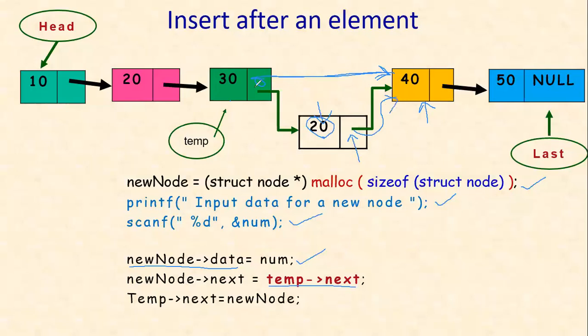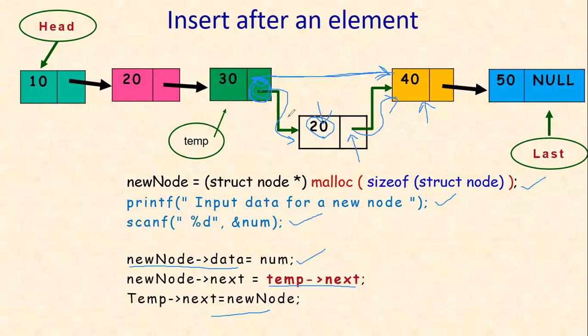right? Till now this particular third node's next consists of the previous value only, but I want to establish this link, meaning the new node has to be linked to the third node, right? So I am writing temp next is equal to new node, then the new node is linked to the third node. Now I am clearing this annotation.